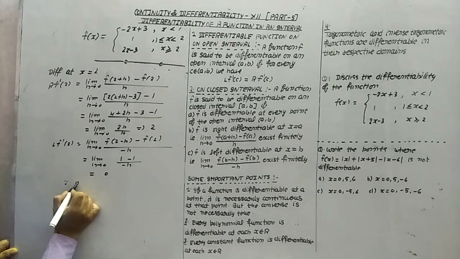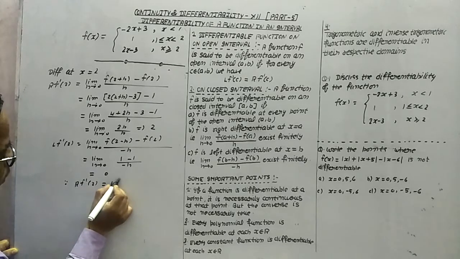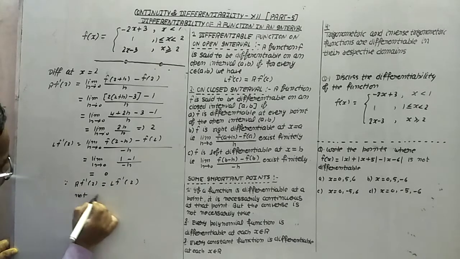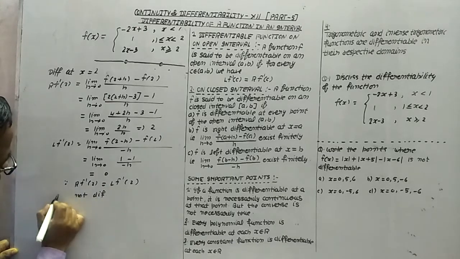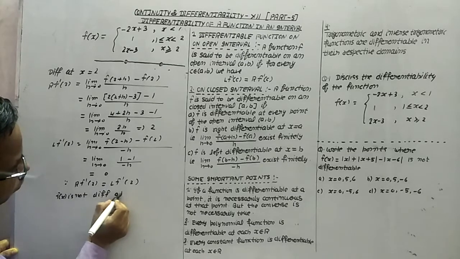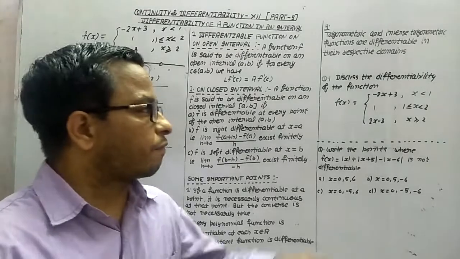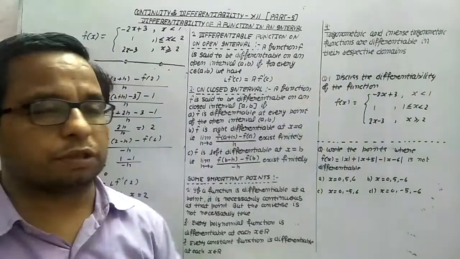Because the right hand derivative is not equal to the left hand derivative, the function is not differentiable at x equals 2. So like that we have to do whenever we have this type of question.